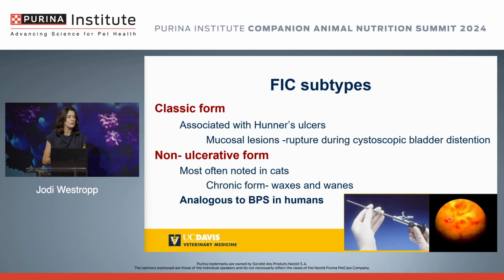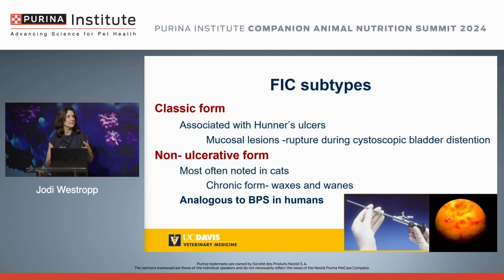There are two main types of FIC. The classic form is the one that's associated primarily with what's called Hunner's ulcers. And these are mucosal lesions that rupture when the bladder is distended during cystoscopy. You can see in that bottom right a picture of a rigid cystoscope.